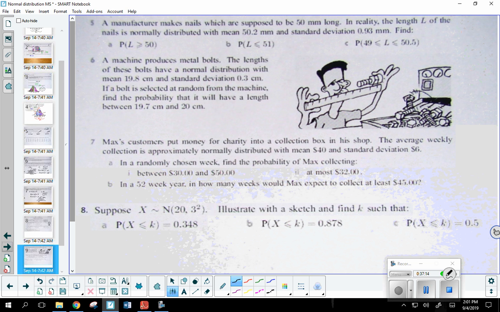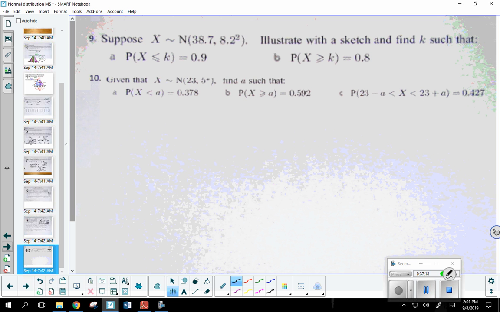Probably the most challenging problem on the entire assignment is number 10C. I'm going to be curious to see who can find that value of A for me. If you're looking for a challenge, there you go. But we can definitely talk about that on Friday or any of these others that you want to.